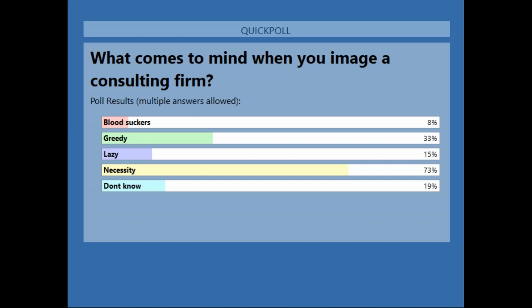The first and foremost thing, team, that one has to do to successfully go forward is to work closely with them. I'm going to hide this. 73% of you saying necessity is the wise answer. That is what you need to focus on.